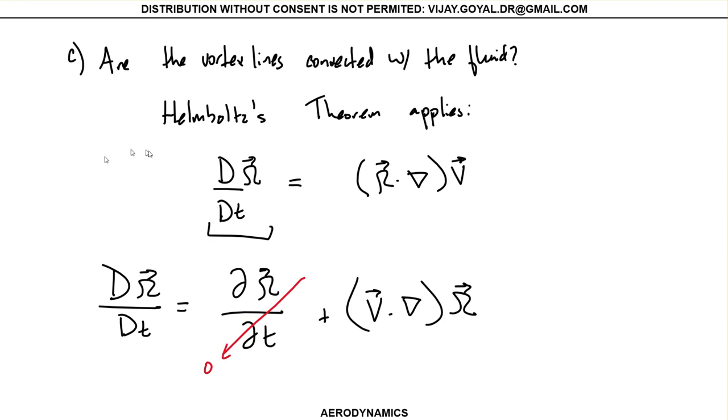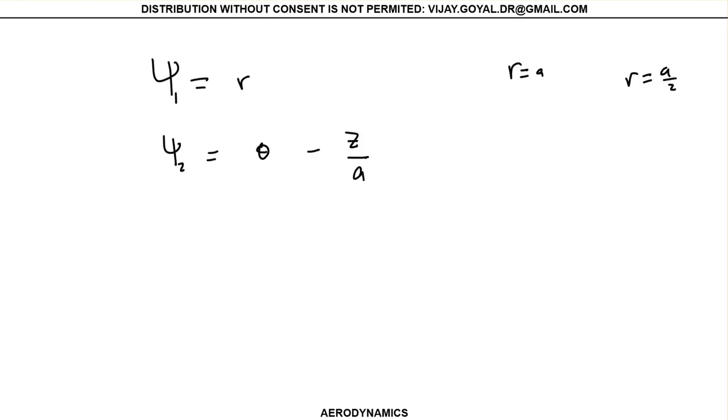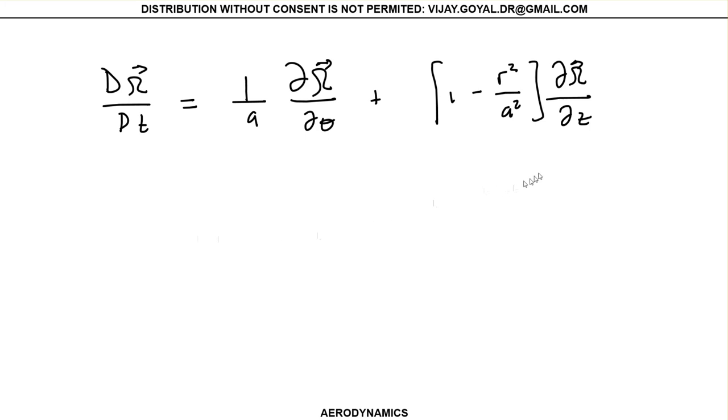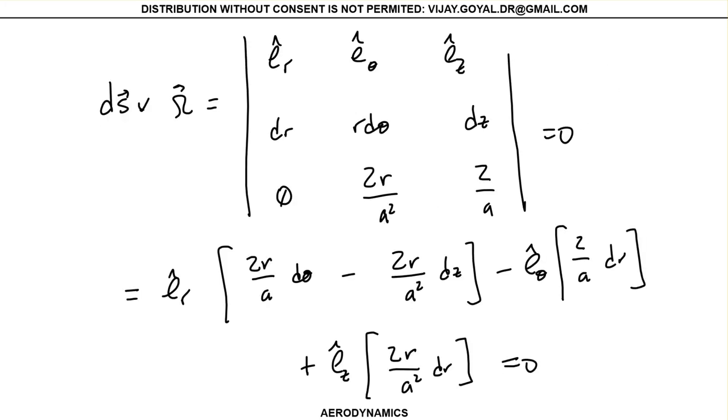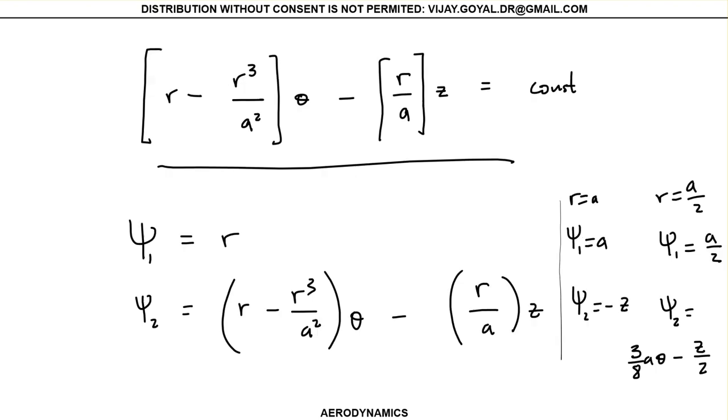As you can see, the streamlines are only a function of r and theta, but omega is not, and we found that here. Let me find omega.